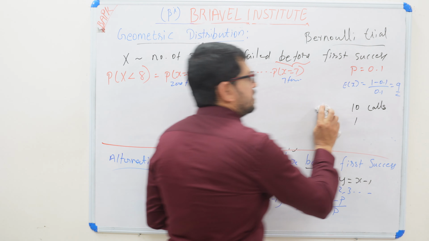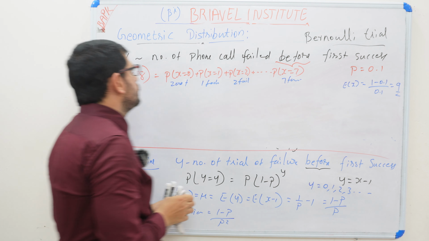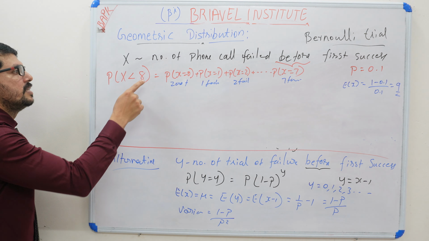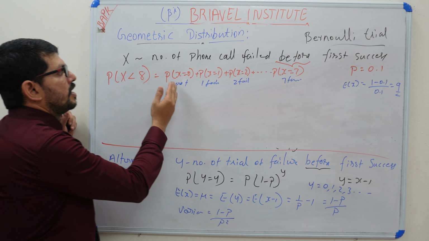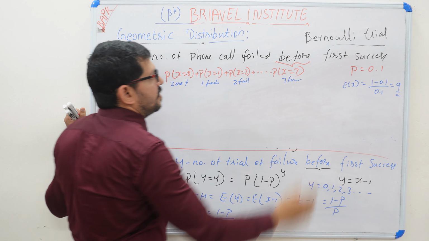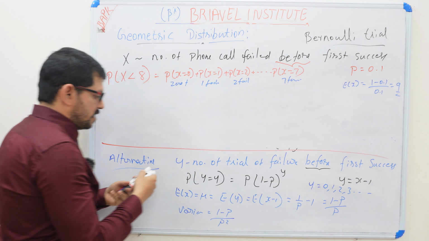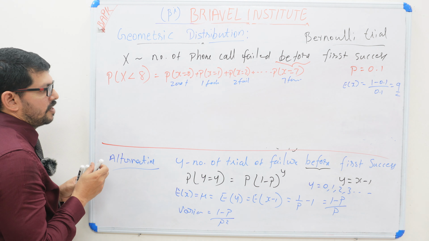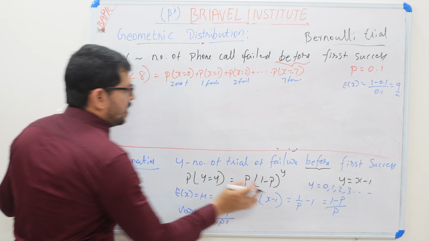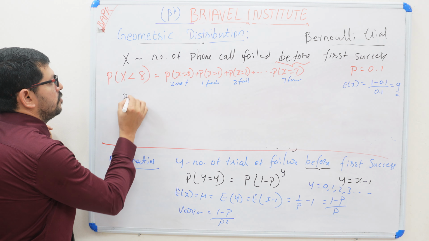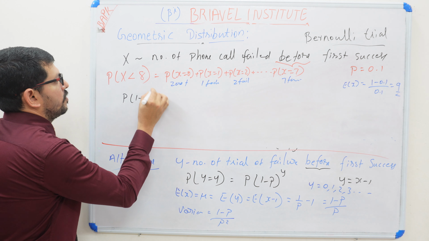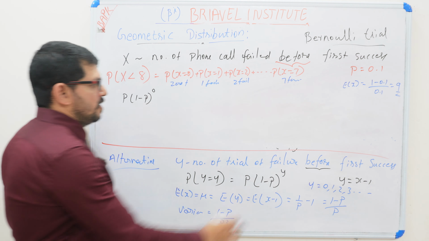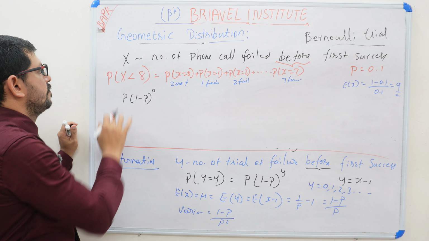Now you see what is the probability of X less than 8. We have to calculate each term. So probability of X is equal to 0. We can substitute here: probability of X is equal to P into 1 minus P raised to y, and instead of y here I am taking 0.